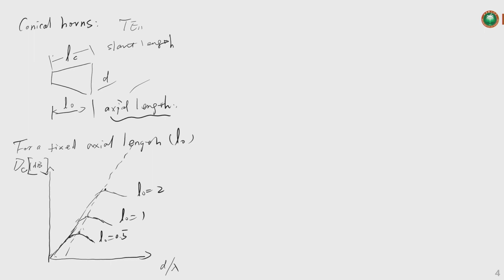And so if we just consider the maximum directivity, or the optimal point, for a fixed slant length LC, as now we set it at the optimum point. So just this line, d equals the square root of 3 LC times lambda.